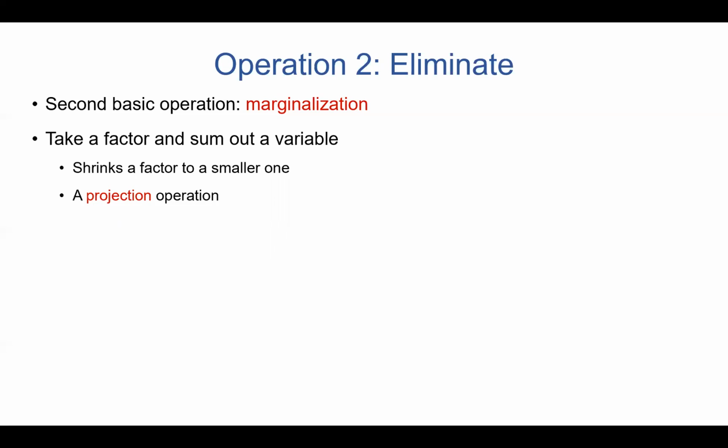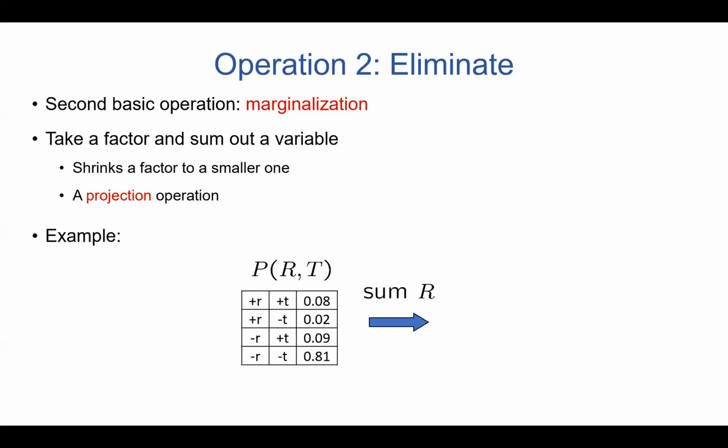We just have to find another projection that sums out over different hidden variables. Something like this. So you see P of R and T. If we sum over R, we just look at the consistent rows and sum them out. Plus T, and we sum these two together.